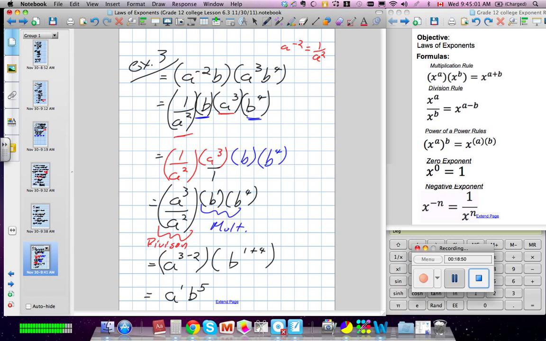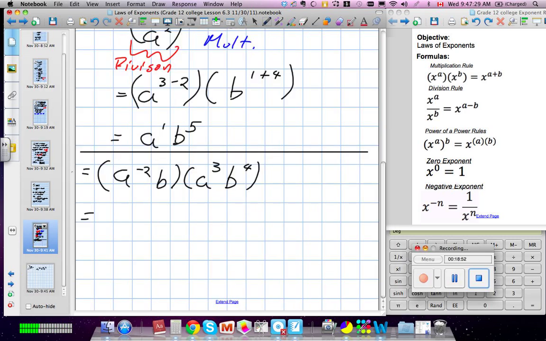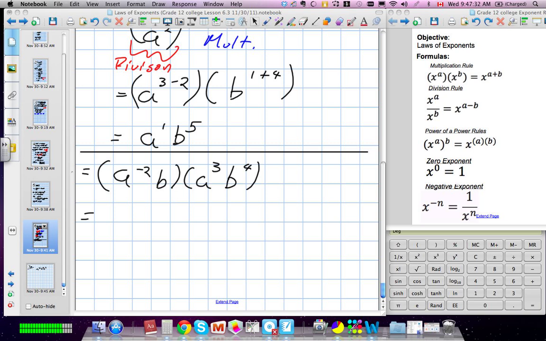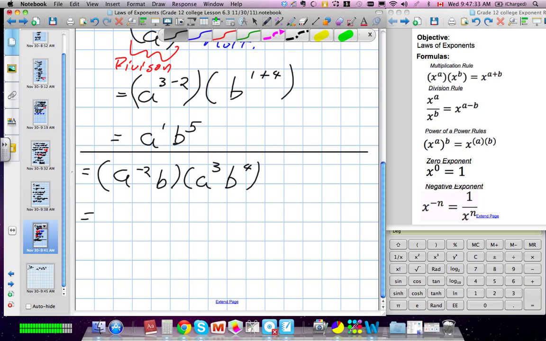The other way you could have done this, which would have been much easier. We didn't have to technically make our a positive. I could have just collected my like terms right off the bat. Multiplied my a's by each other and my b's by each other because they're all multiplication.